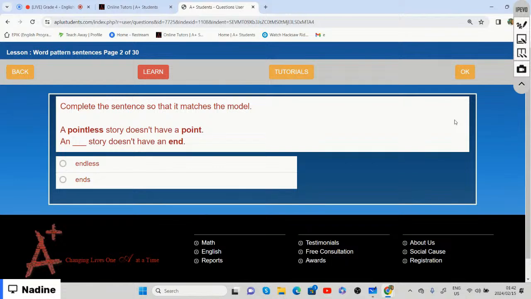So we said pointless doesn't have a point, meaning it's without a point. Then we said what story doesn't have an end? All right, so we can then say endless.